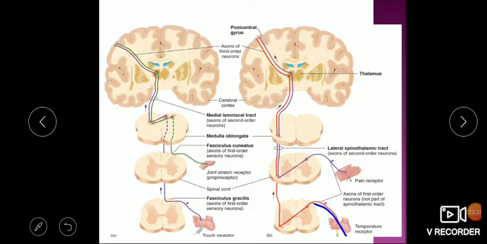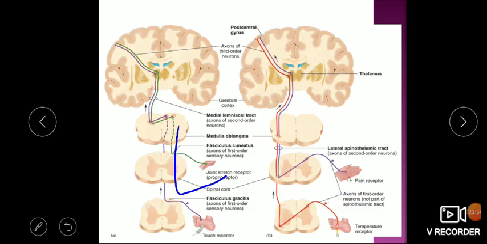The other sensory relay neuron arises from here and goes up to the thalamus. Now you can see clearly in both of these: here the first order neuron is uncrossed, going up to the medulla oblongata. Here the first order neuron ends here, and the second order neuron arises and crosses immediately in the same segment and goes up to the thalamus.